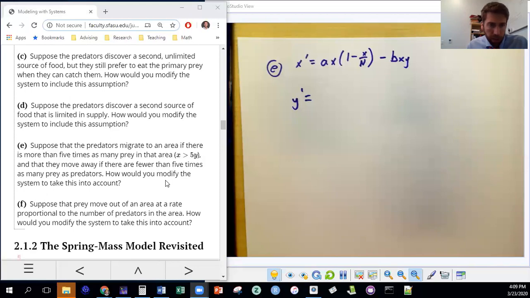What are we assuming here? So the predators move to the area if there's more than 5 times as many prey in the area, and they move away otherwise. Okay, so it's not clear to me if all of them are moving away or if some of them are moving away. Let's just assume some of them are moving away.